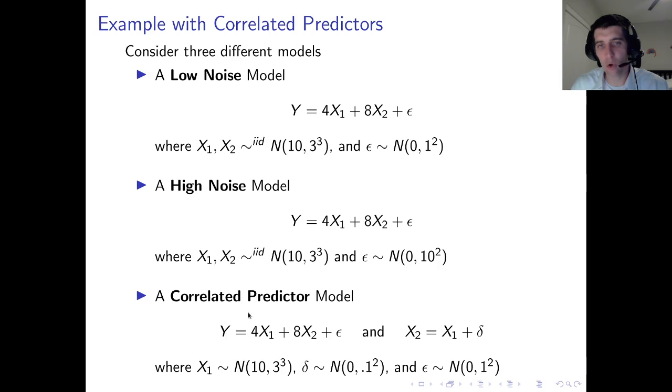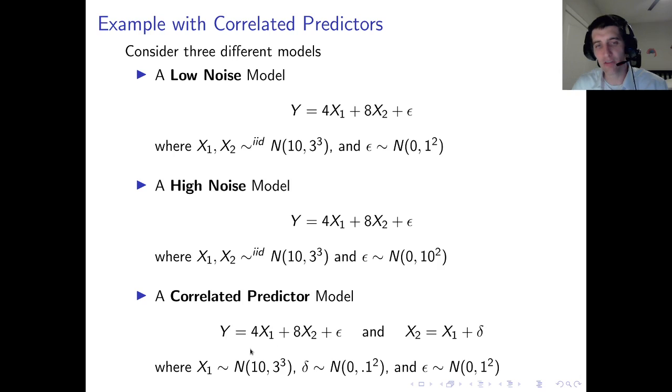And then I'm going to have a correlated predictor model. In the first 2 models, I'm going to generate a sample of x1 and x2, which are independent and normally distributed. For my correlated predictor model, I'm going to take y related to x in the same way. I'm going to take the small noise version, that is, the variance of epsilon is just equal to 1.